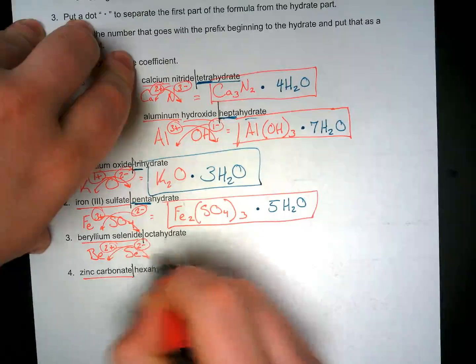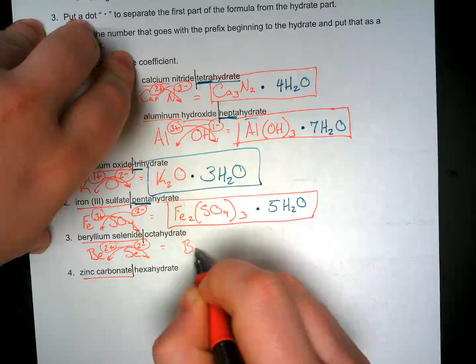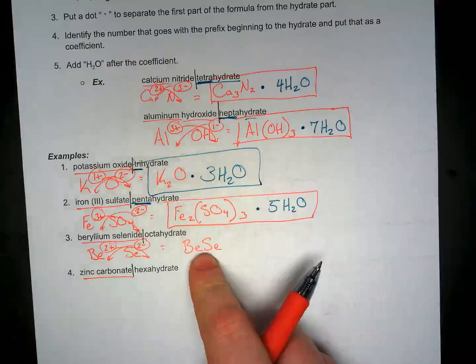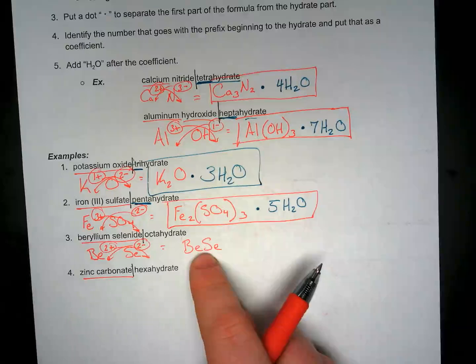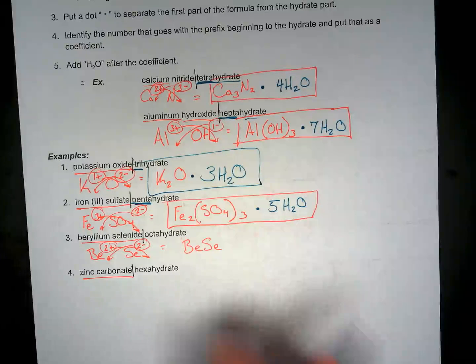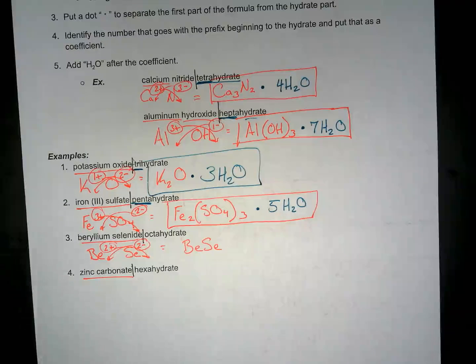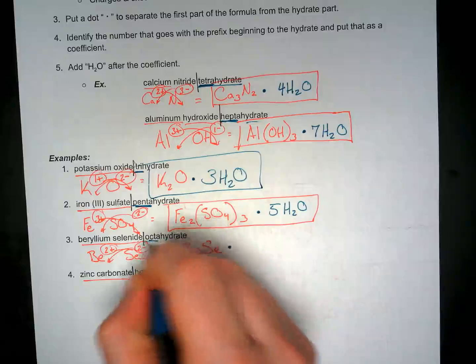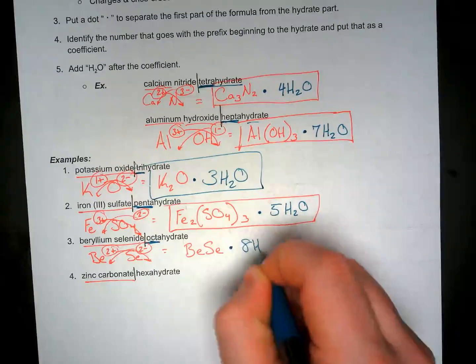Crisscross, so that I have Be2Se2. And remember, they're both 2s, so they cancel each other. Well, they reduce down to 1 for both of them, so it's BeSe. The dot to separate, octa, so that's 8, H2O.